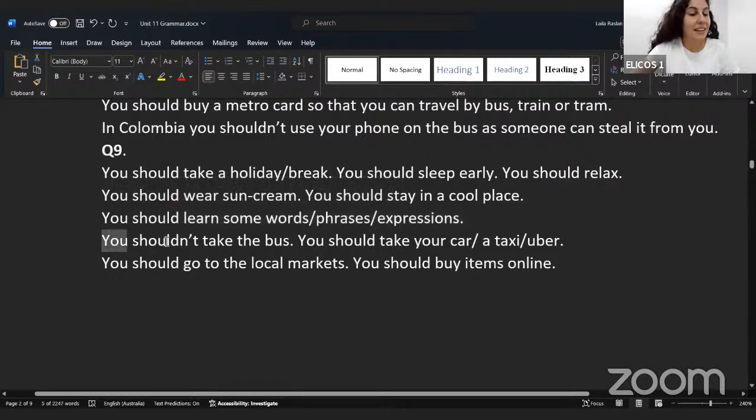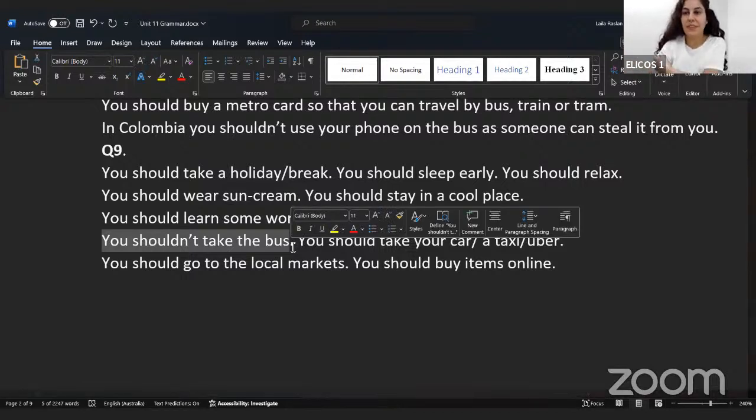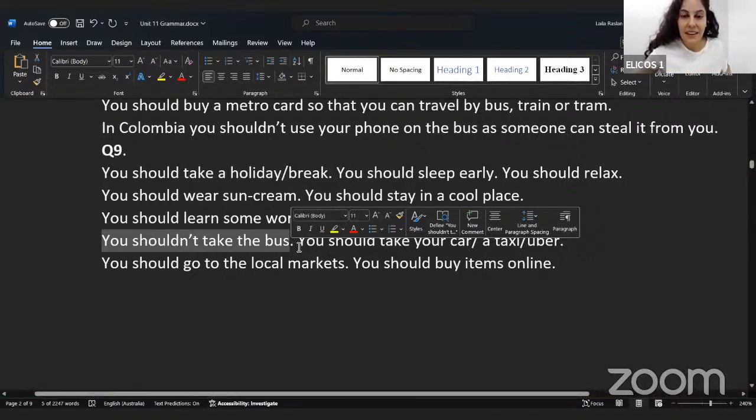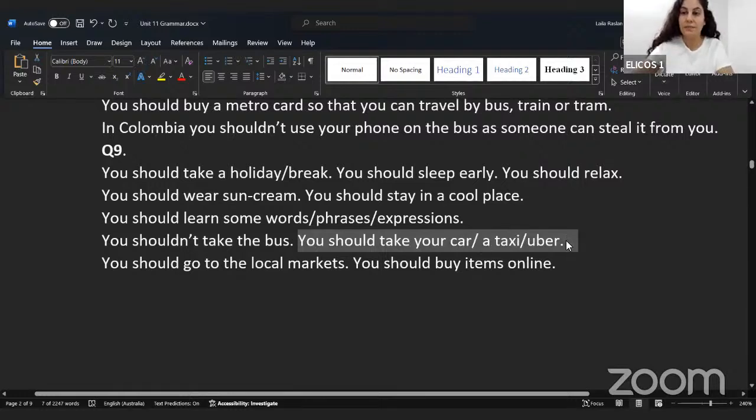Well, we can make it a negative. Well, you shouldn't take the bus because public transport means the bus, the trams. And then I'm going to tell them what is good. So you should take your car or a taxi, or you should take an Uber.